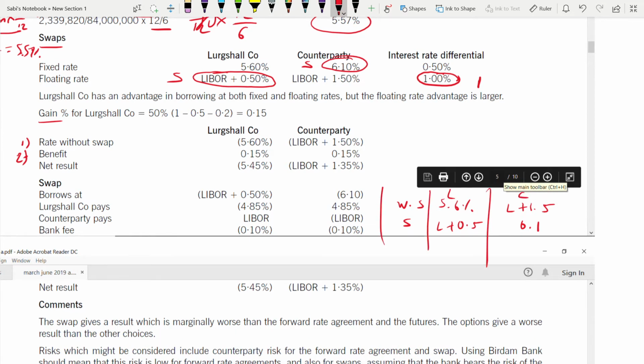I'm putting it in a table. Now you have to put the total here. I know it's long work, but there's no other way. So add L plus 1.5 plus 5.6, that is 7.1, and then L plus 6.1 plus 0.5, that is 6.6.